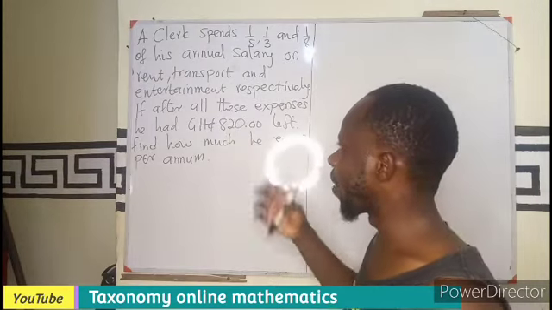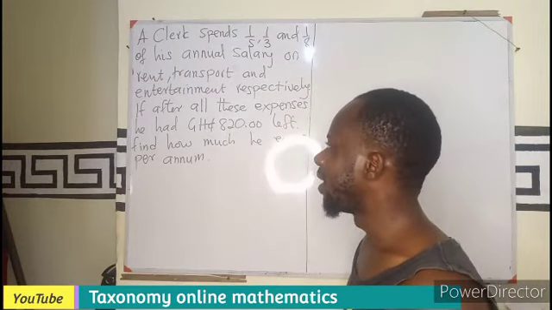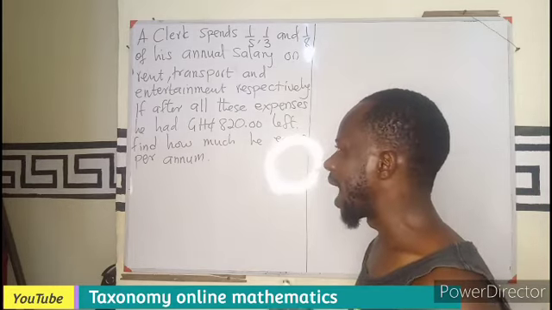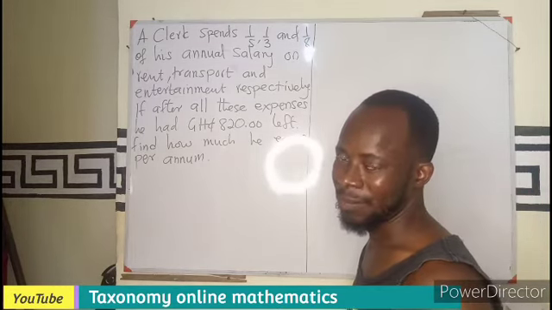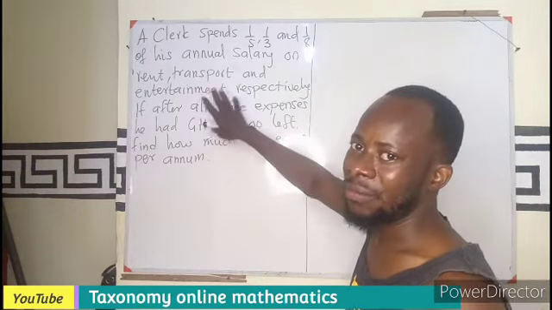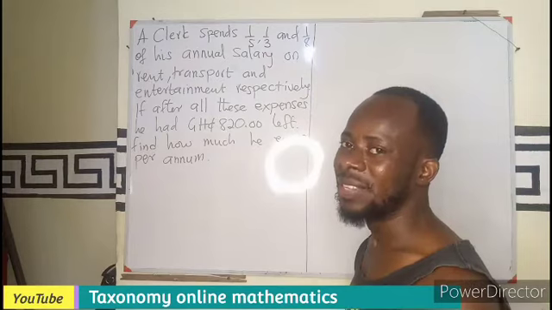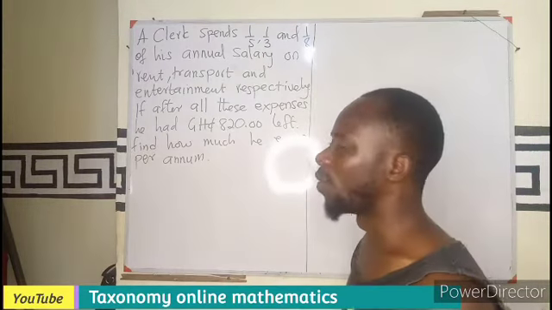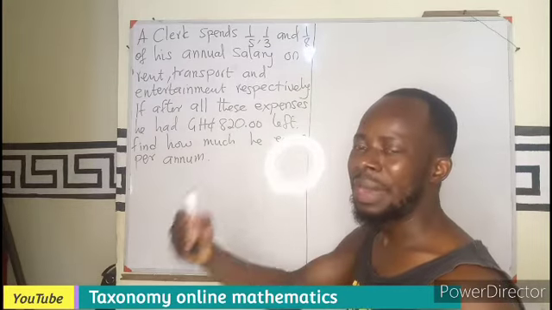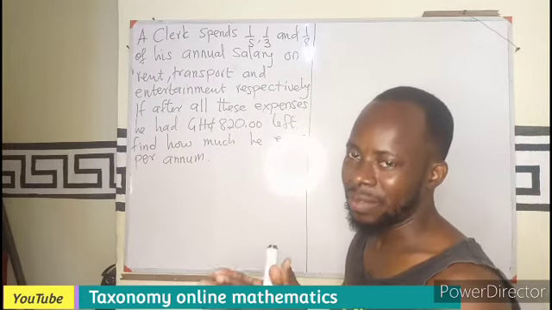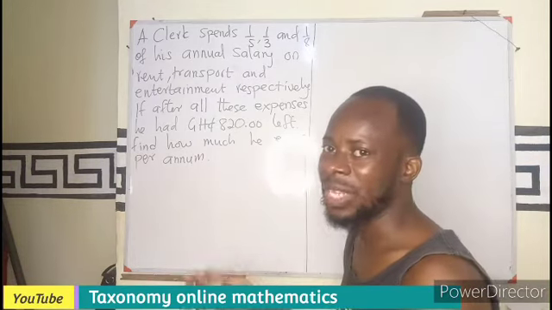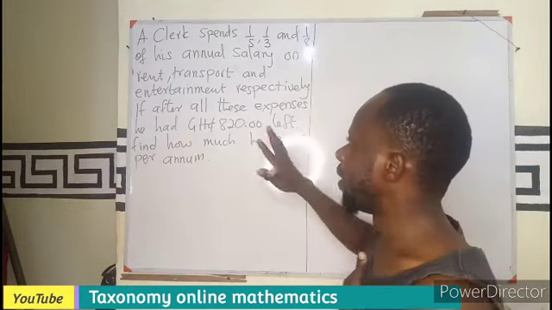If after all these expenses he still had 820 Ghana cedis left, we have to find how much he earns per month. How much is the monthly salary from which he is making these expenses? All we need to know is that we are looking for the actual money from which he made these expenses, and the expenses are in fractions.